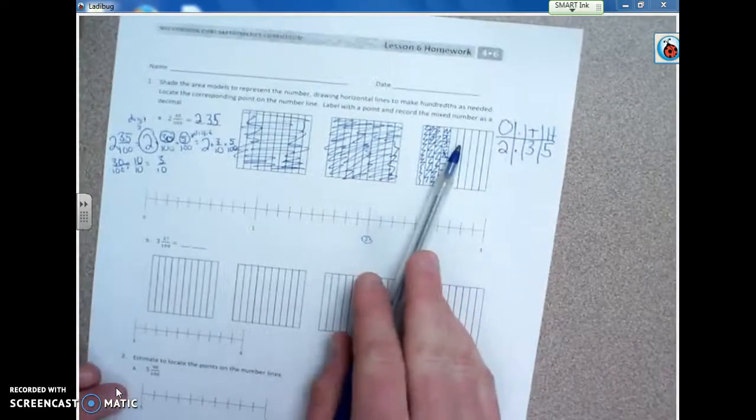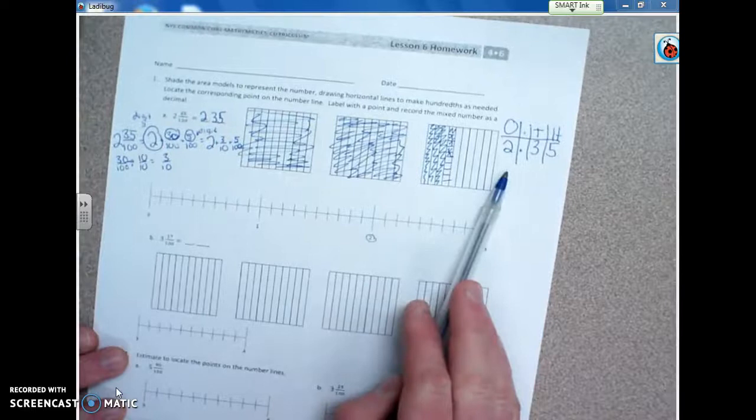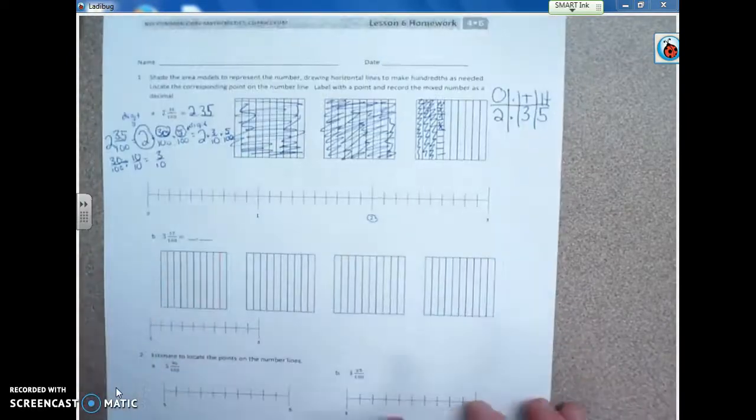So like I said before, I have 2 wholes here plus a little bit more. So that tells me that this decimal has to fall somewhere between 2 and 3. I don't quite have 3 wholes, but I have more than 2 wholes. So if I look at this number line, I'm going to fill in the rest of my number line.